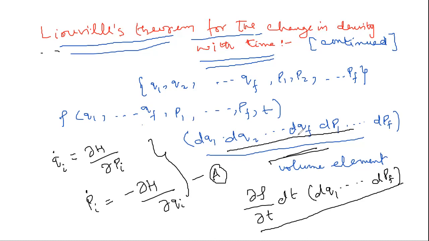So when we found the net number of systems entering that two-dimensional rectangle, actually it was the net number of systems entering the whole volume element, but we considered only the first two faces, that is the q1 equal to constant face and the q1 plus dq1 equal to constant face. Then we summed over all the faces of the volume element, and we obtained an expression for dou rho by dou t. So let me list those equations so that we can connect to today's lecture.